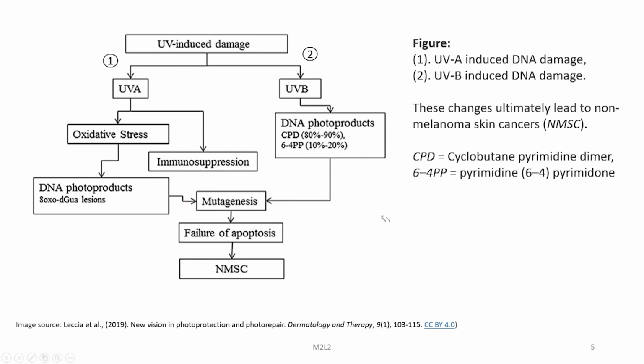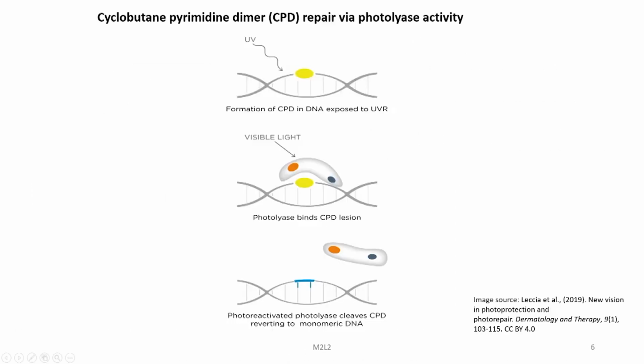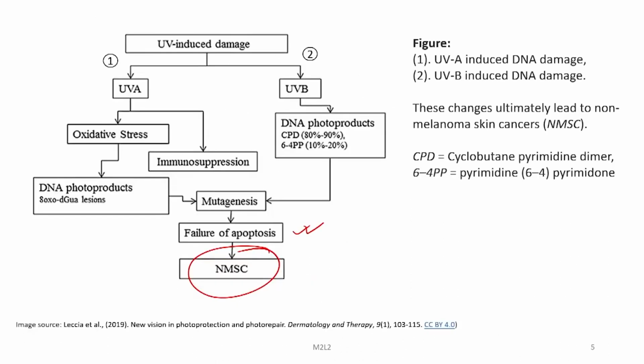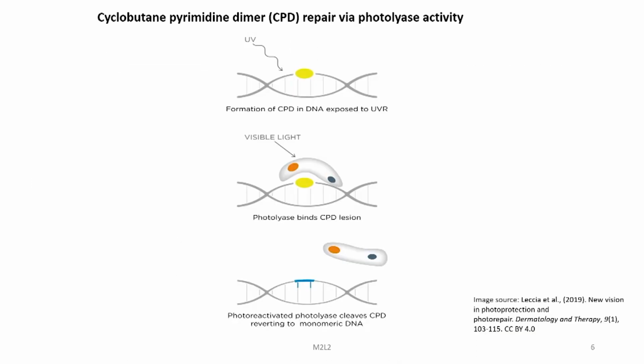And when there is mutagenesis due to any of these UV induced damages, it leads to failure of apoptosis, which may lead to some kind of cancers. We will discuss this in detail in a stepwise manner. So, let us first discuss the CPD or cyclobutane pyrimidine dimer repair via photolyase activity.